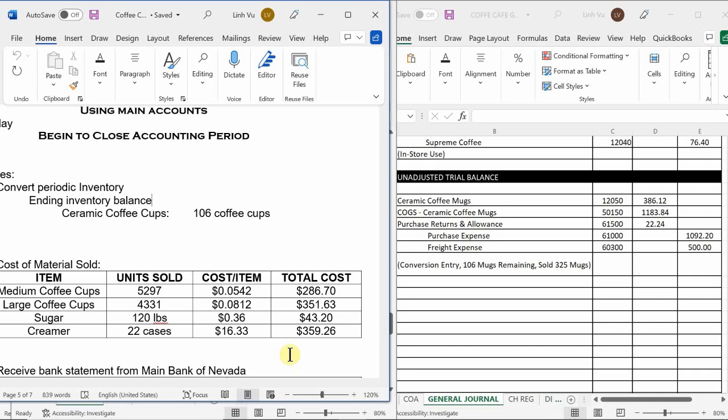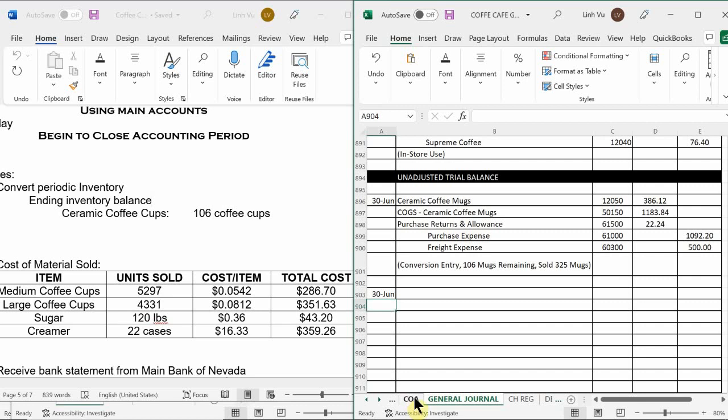So how would I represent that I used my coffee cups, that I got rid of it, I sold it? Sales. You didn't technically put a price point on it. Your company doesn't sell medium coffee cups by themselves.